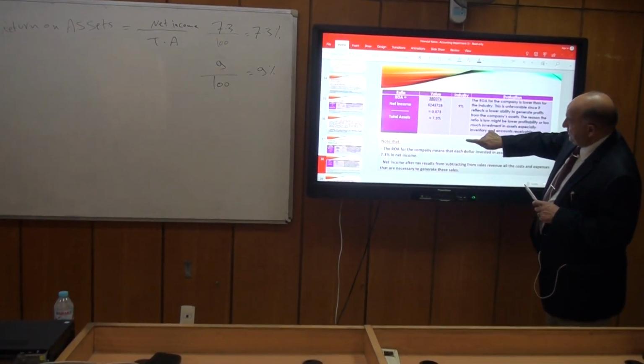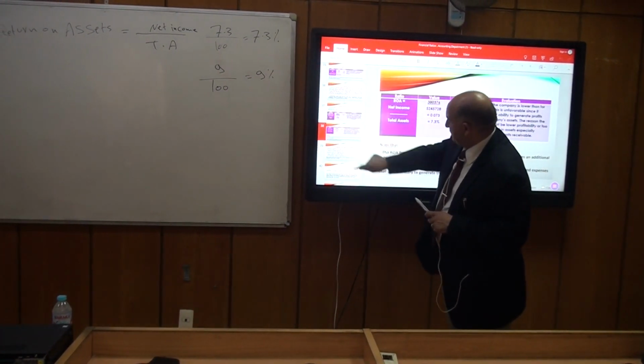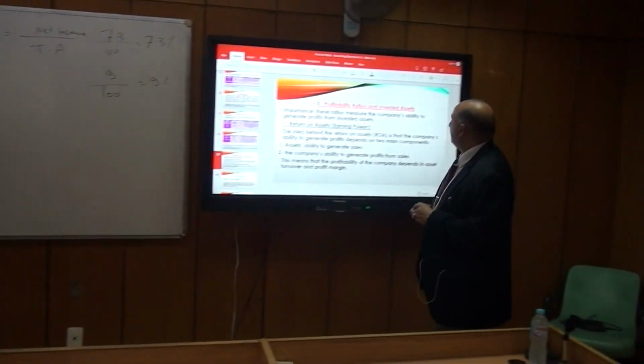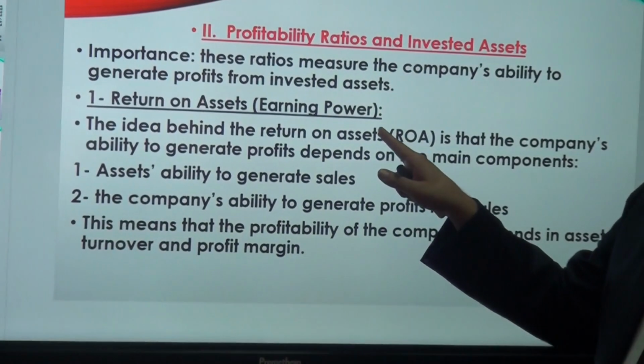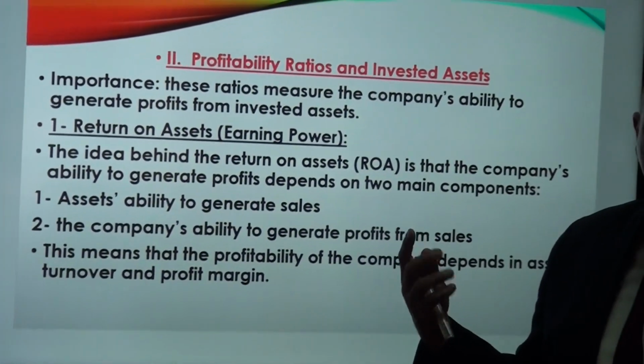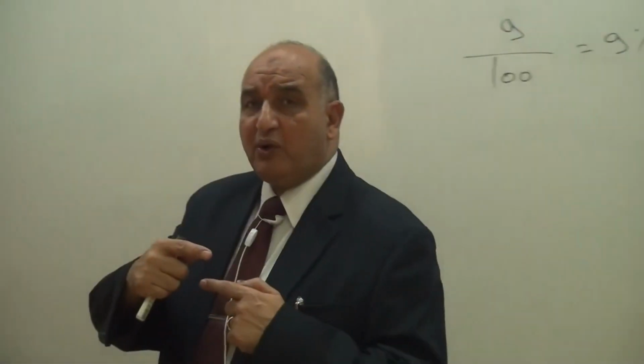From ROA, we can calculate something we call earning power, القوة الإرادية. Remember when we talked about asset management and the turnover, معدل الدوران. We can consider the turnover as a trip, رحلة. So the more the turnover, the more the profit.